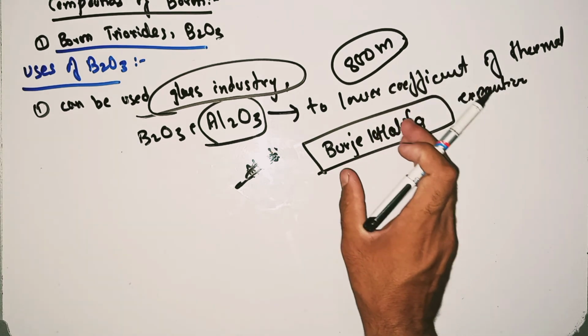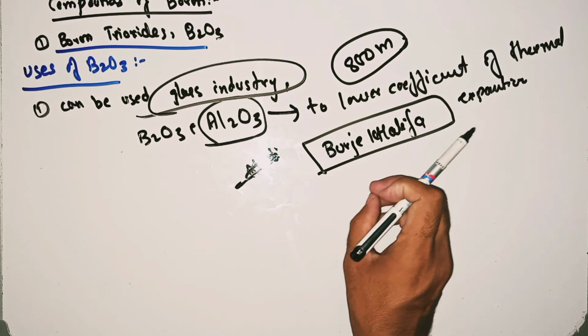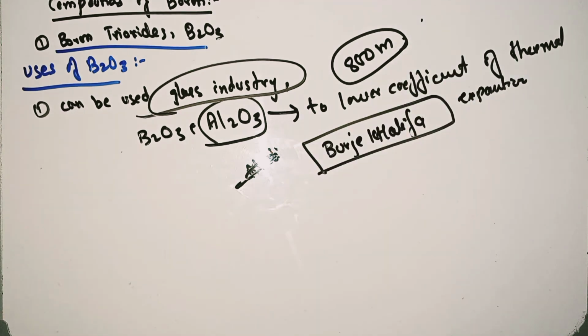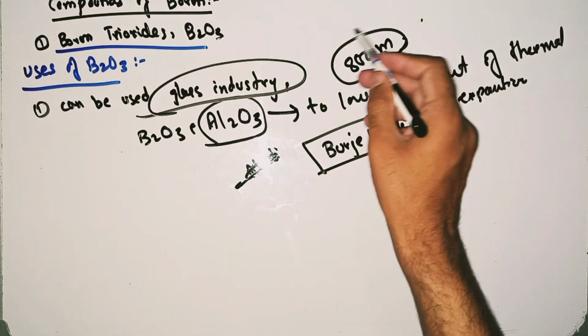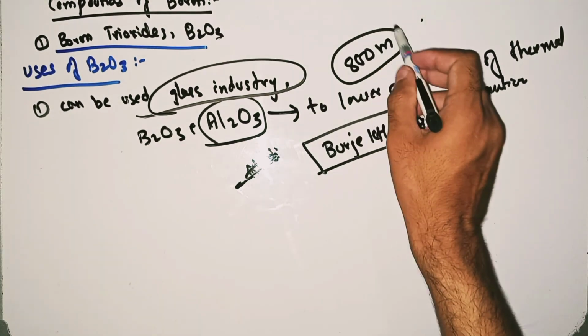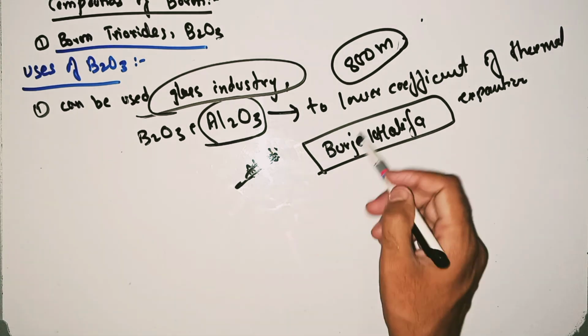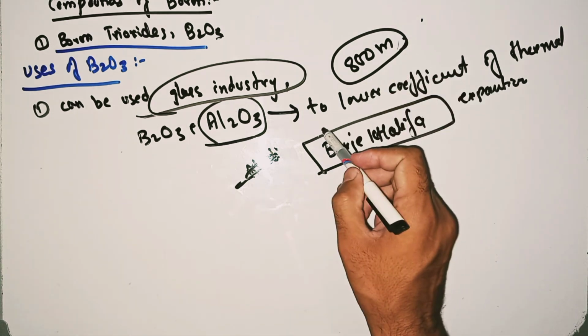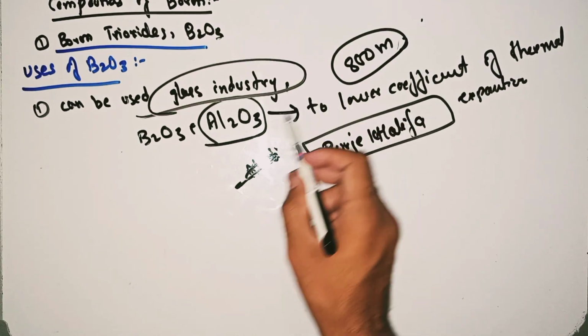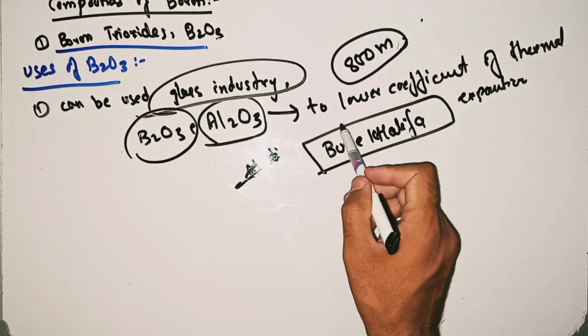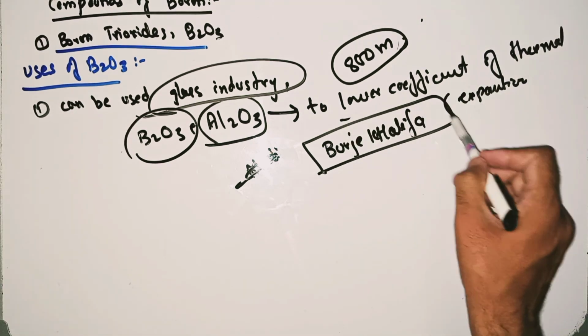It would be impossible to live in the upper portion of the building, located at 800 meters. But in this building, they use glasses made of boron trioxide that have a very low coefficient of thermal expansion.